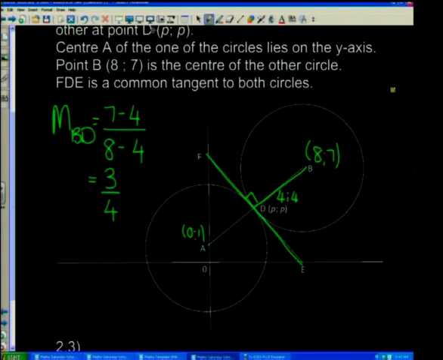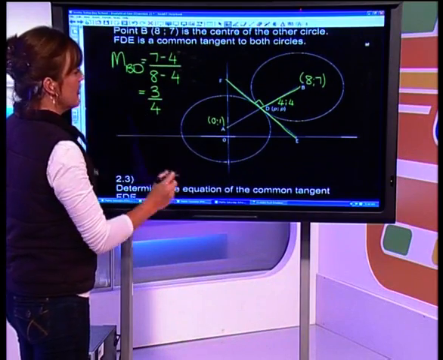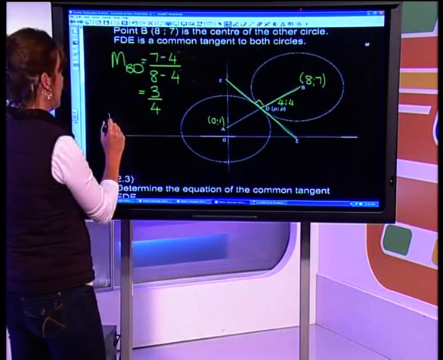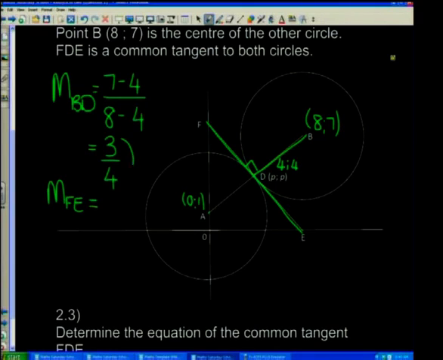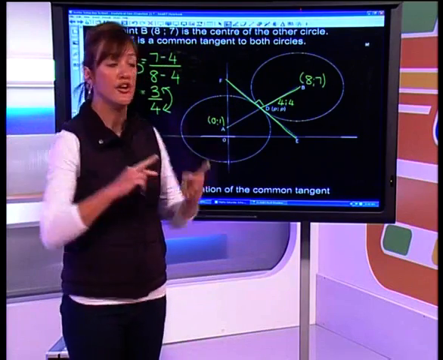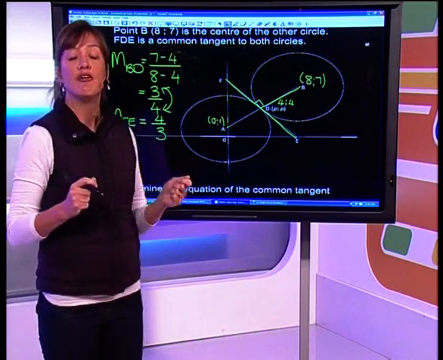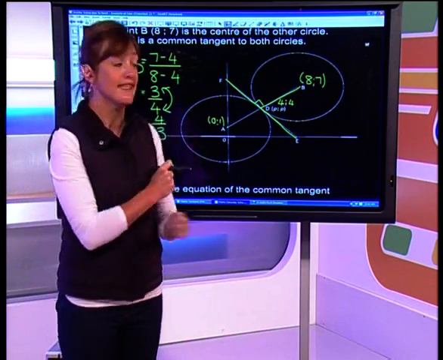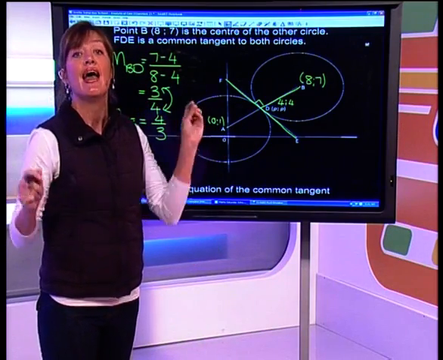As a result, because I know that this is a tangent, I'm going to say that my gradient from F to E is then going to be the inverse of that fraction. So therefore I'm going to turn it over. So we're going to make it 4 over 3. And remember, we always change the sign. So if the gradient was positive, we're going to change it to negative, and vice versa.